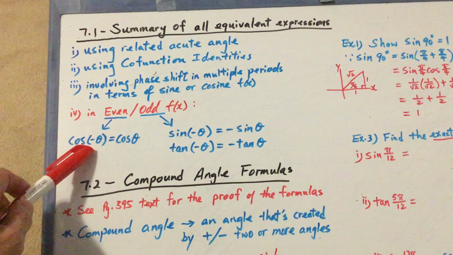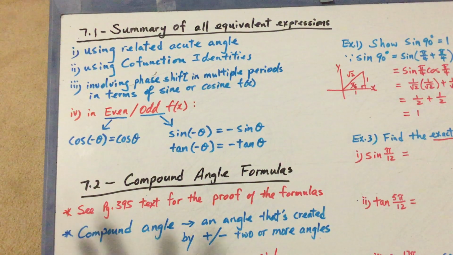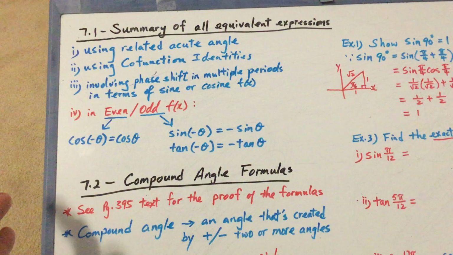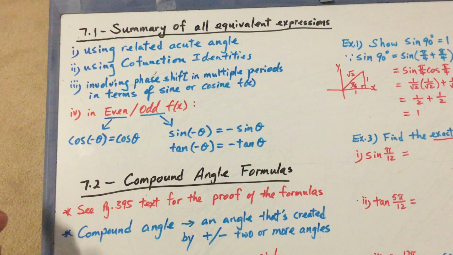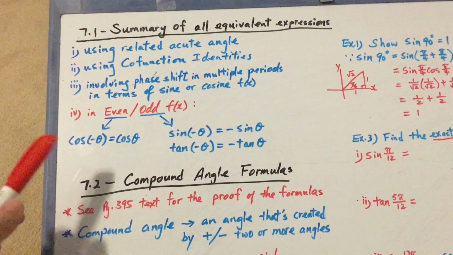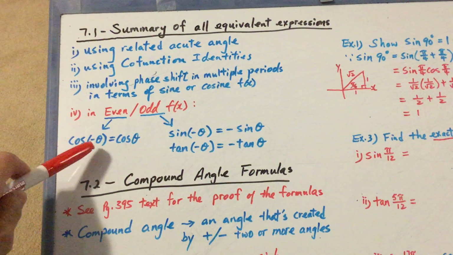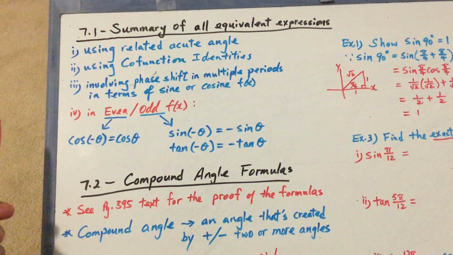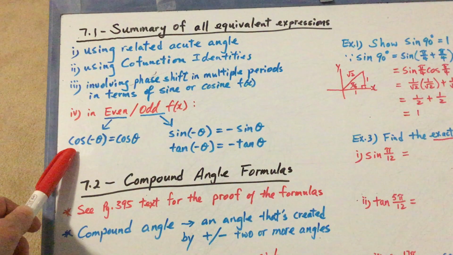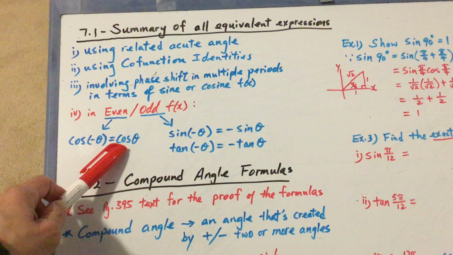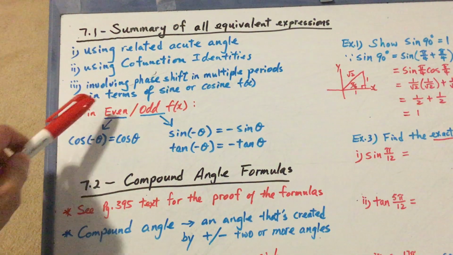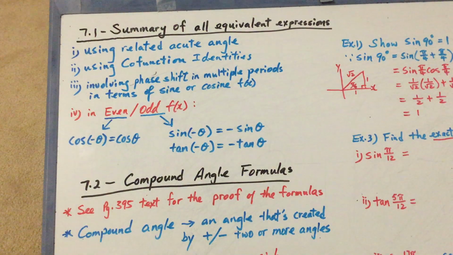The negative theta really means there is a reflection across the y-axis. So when the cosine function reflects across the y-axis, you get the same function back. That is also the definition of the even function.